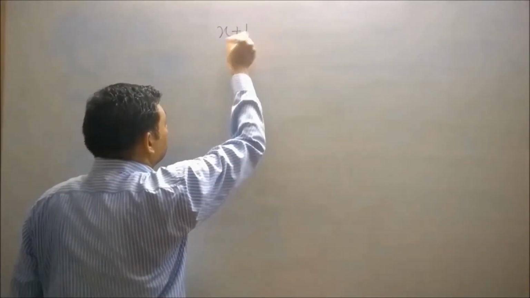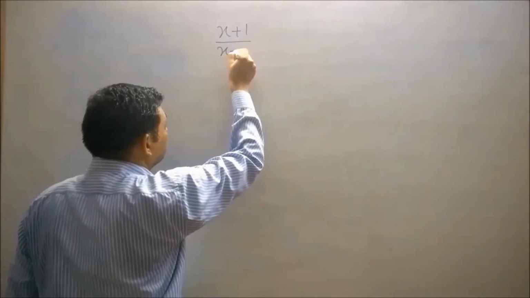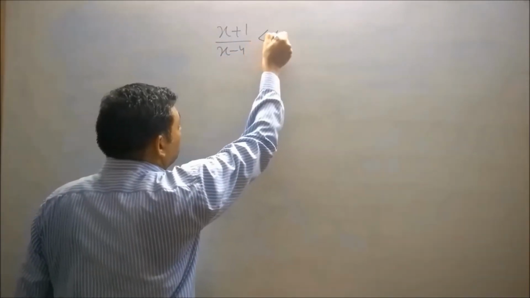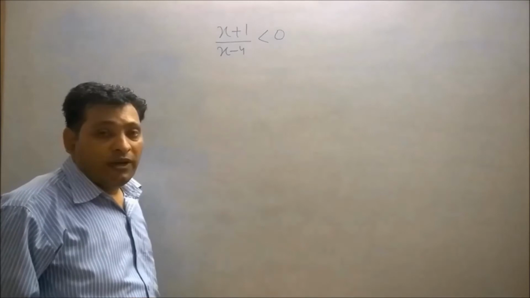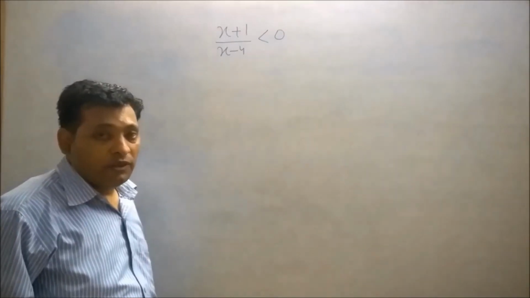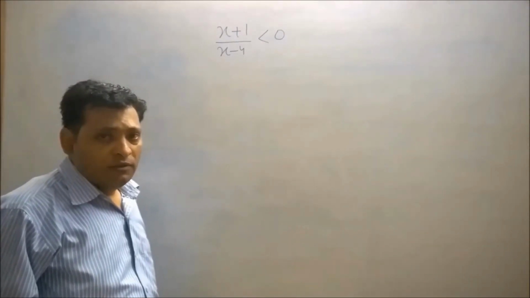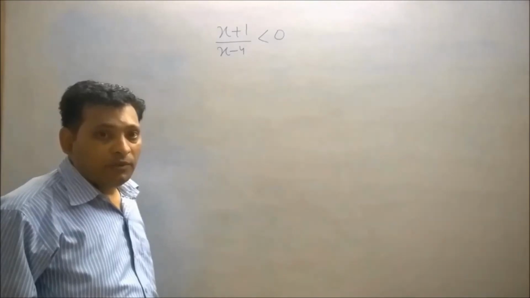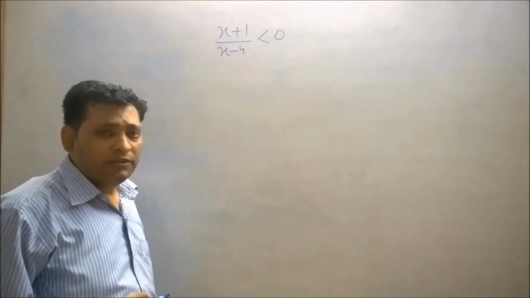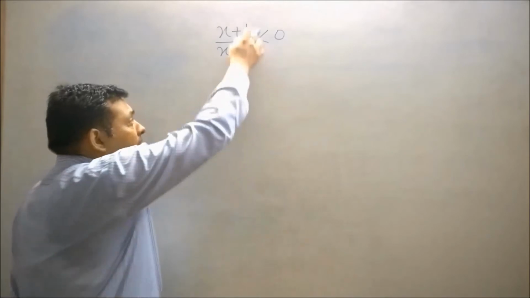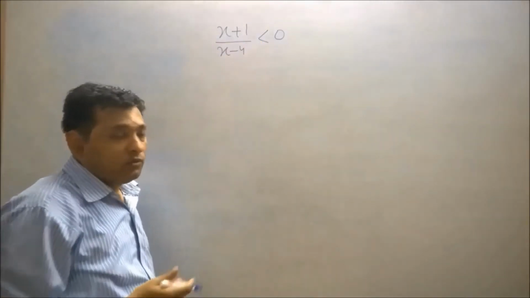(x + 1)/(x - 4) < 0. Now find the solution set of the given inequality. First of all, student, we have to find the critical points. Critical points can be obtained by equating these two factors with 0.